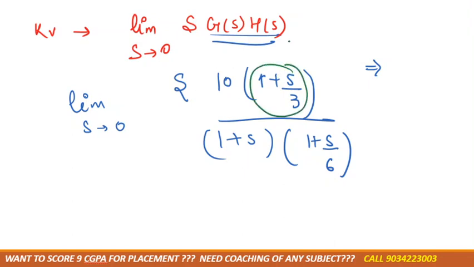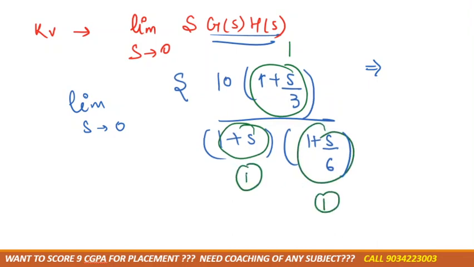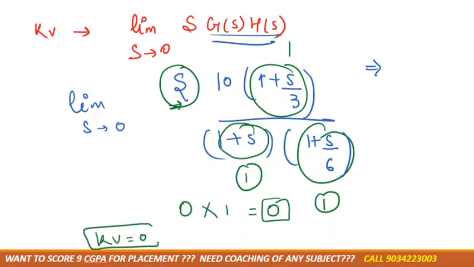So this would become 1, 1 plus 0 becomes 1, and everything multiplied with the 0 comes 0 only, correct. So finally we got Kv as 0.